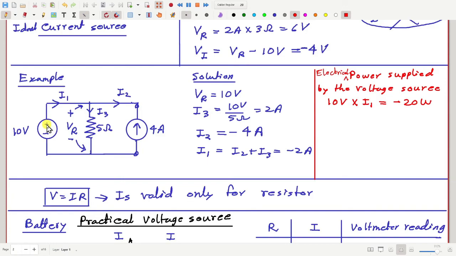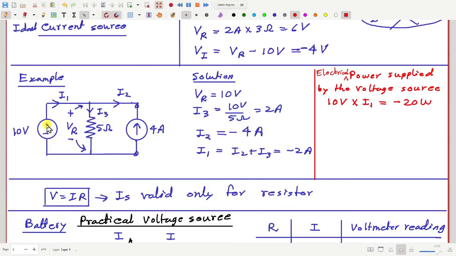Electrical power is consumed. Is it charging or discharging? Charging only, right? If it is a chargeable battery, then it may get charged. If it is a normal battery, then it will just be converted into heat. If it is a generator in a power plant, then it may get converted into mechanical power.